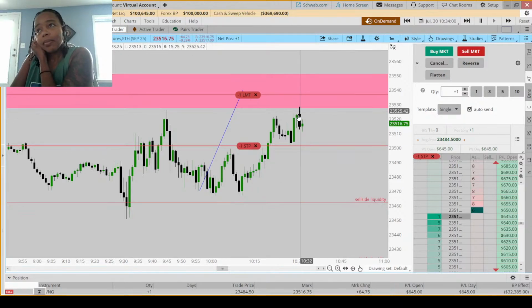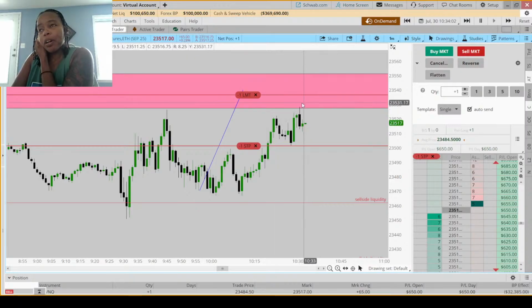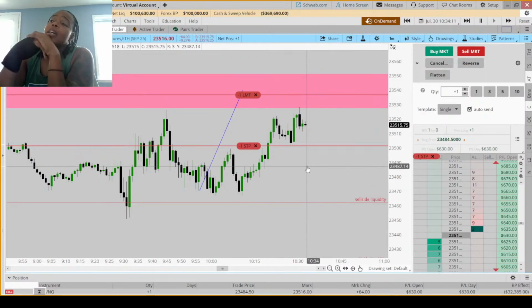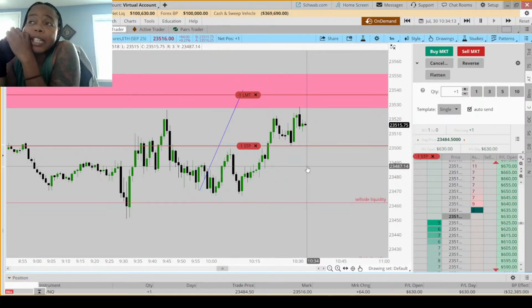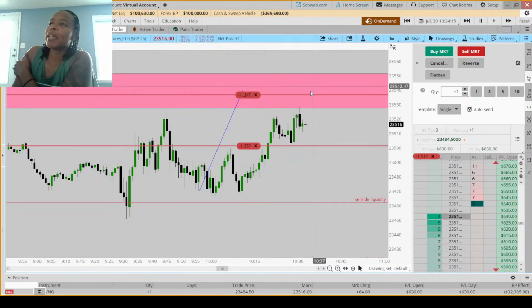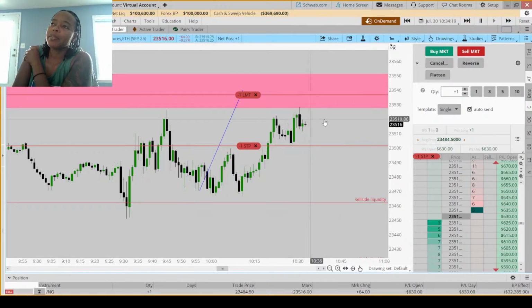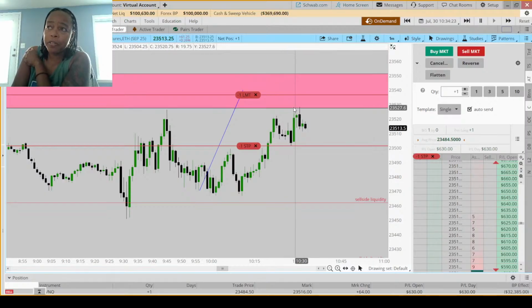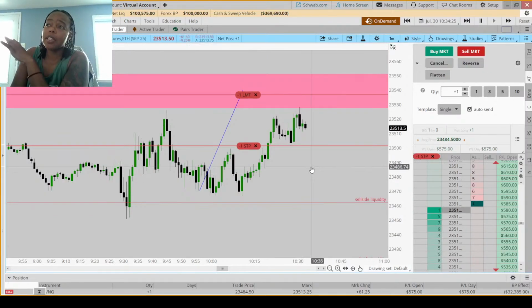So this would make me super uncomfortable. I need a nice strong push up. We tap that little order block there. Nice. I'd be hoping we would continue up to give me at least a little below half the fair value gap above here. Technically, getting to just the top of the fair value gap is more than enough.